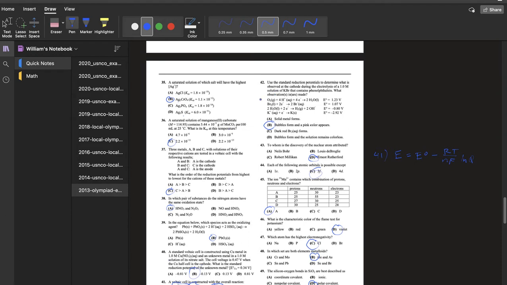Like, if I wanted to do this reduction half reaction, the one that starts with O2 gas, I just can't because I don't start with O2 gas. I start with K plus and Br minus, phenolphthalein, and water. That's it. So you need to identify which reactions can't go in the forward direction and must be reversed.